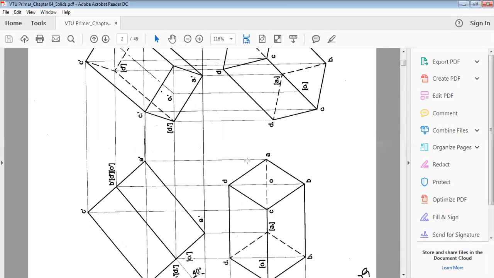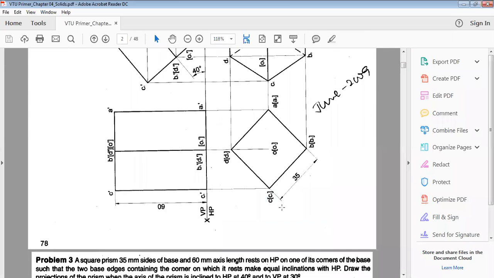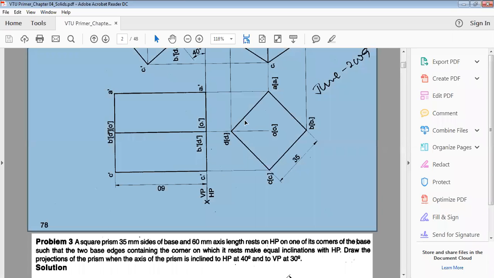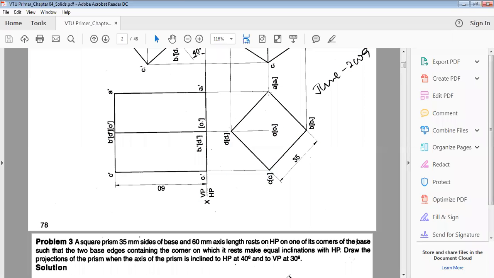So what does it exactly mean? This is one of the base edges, C to D. Also D to A, this edge. These two, what they are saying is, the two base edges are making equal inclination with respect to the horizontal plane.